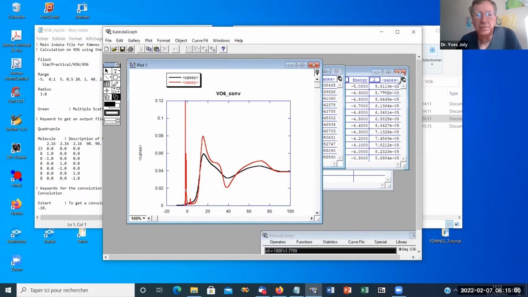after the convolution. Okay. So if you are not used to XANES spectroscopy, for people who are used to do that, experimentalists and so on, when they see such an edge, you see a little white line with some shoulder here, and then some dip in that part, and then another bump.